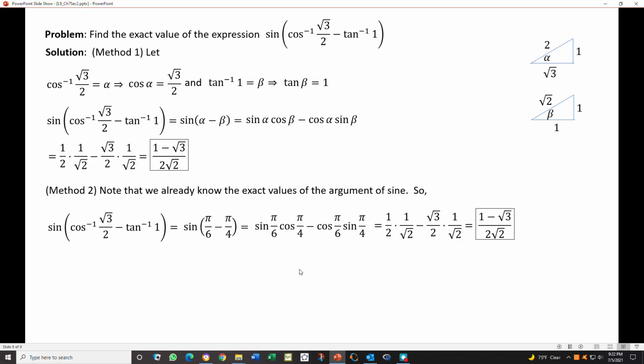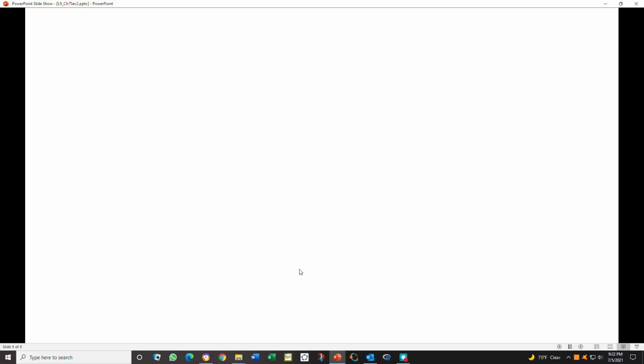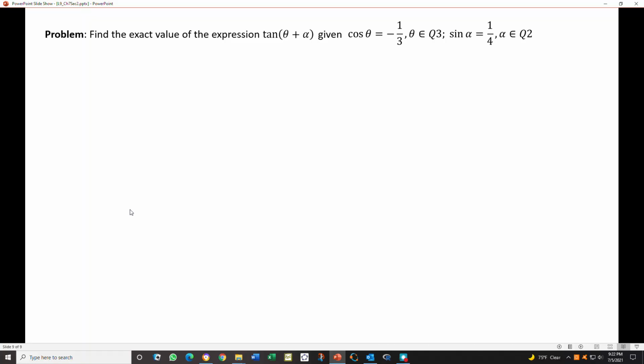All right. Slide 9 of 9. Find the exact value of the expression tangent of theta plus alpha. Exact value of the expression given. Cosine theta is negative 1/3.